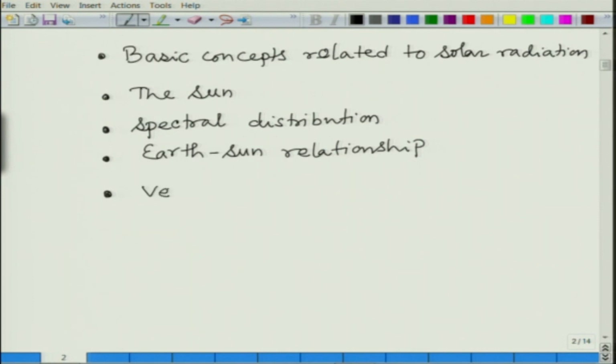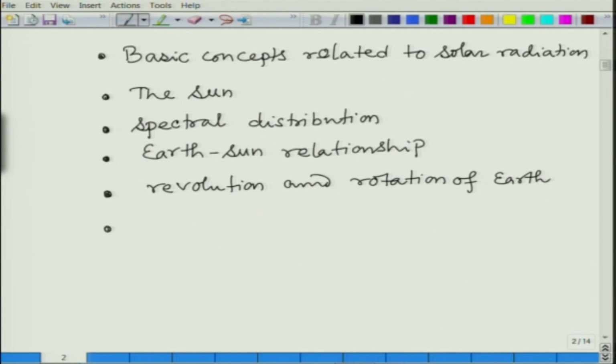Then for this whole thing what we will require is the revolution and rotation of earth, okay, because that will come as a factor in this sun earth relationship, which is not a static thing, it is a dynamic thing and we have to capture the dynamics.